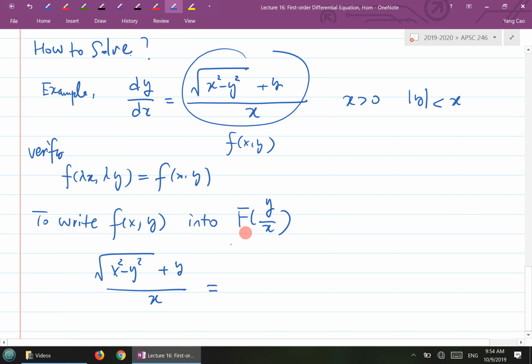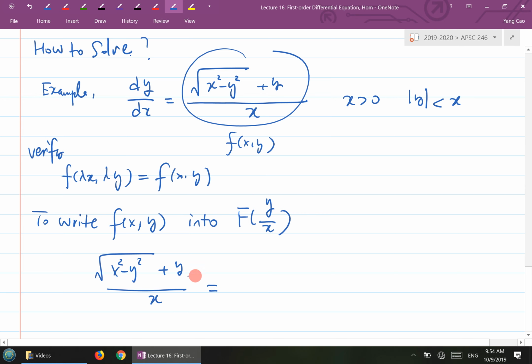Remember, we're trying to put the terms into this kind of ratio y over x. For example, for this y here, if you want to change y to y over x, you need to divide by x. But you do have x here, so you already have it divided by x.